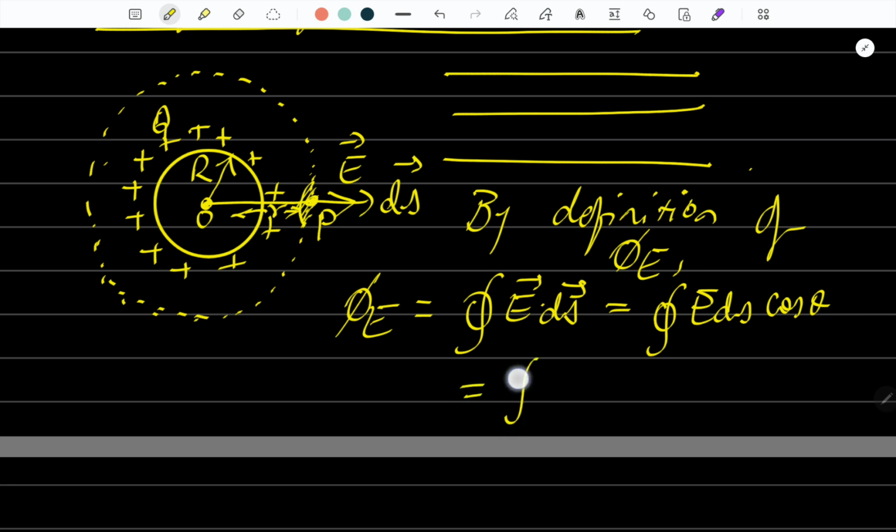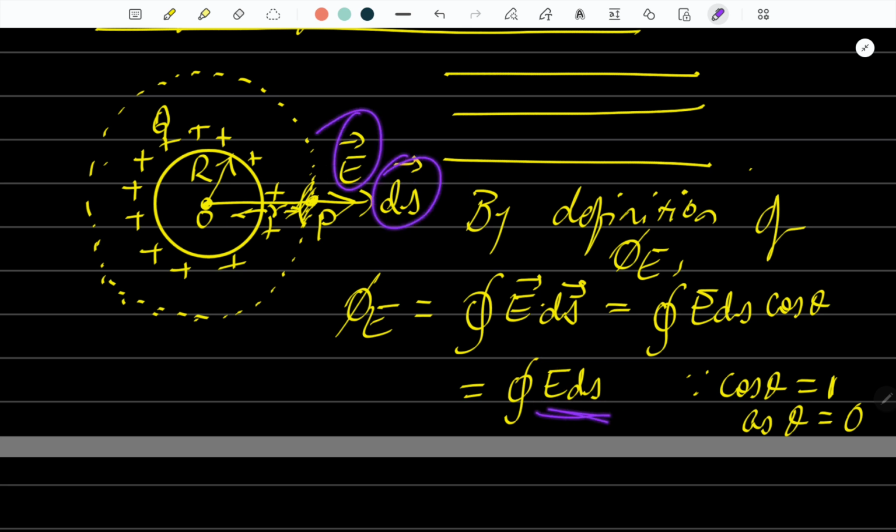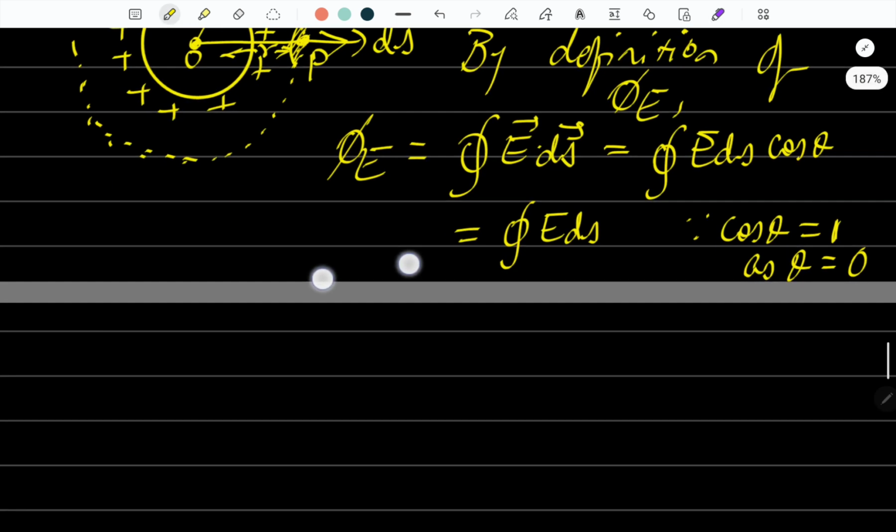This can be written as integral E ds, because cos theta is 1, as theta is 0. What is theta? Theta is the angle between E and ds. Both are in the same line, so theta is 0 and cos 0 is 1.